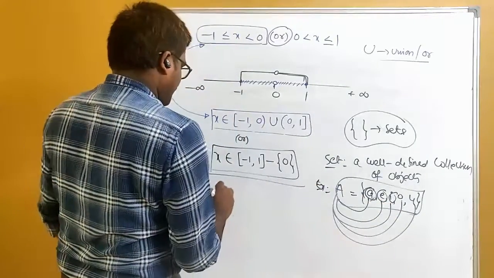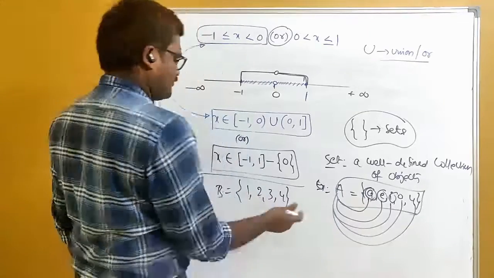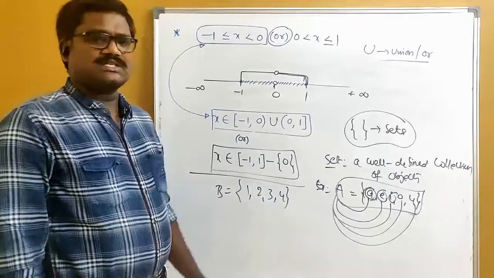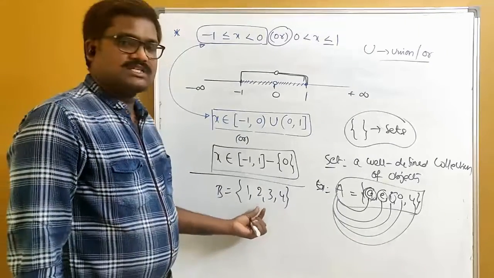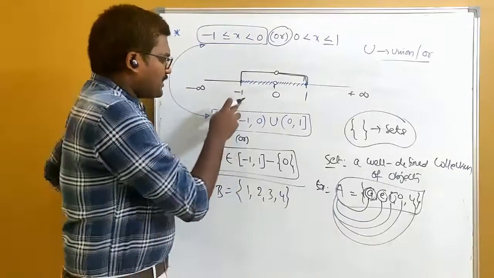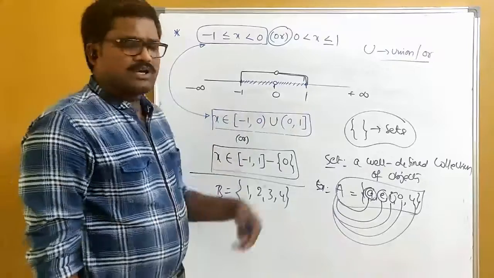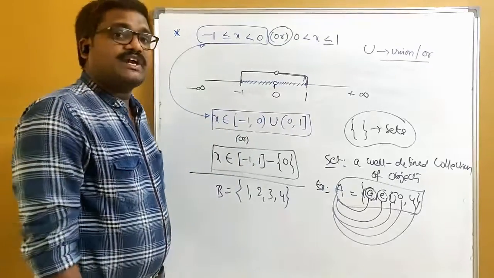Similarly, if I write another set, B equals 1, 2, 3, 4, these are four natural numbers. This is also a set, consisting of 4 elements. So here also it is like the set -1 to 1. Between -1 and 1, how many real numbers will be there? Infinite real numbers.